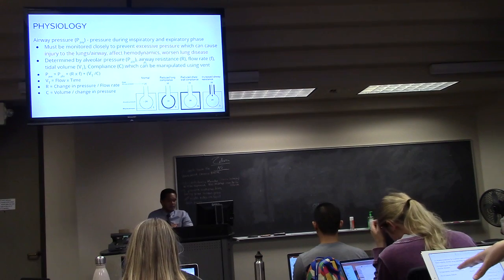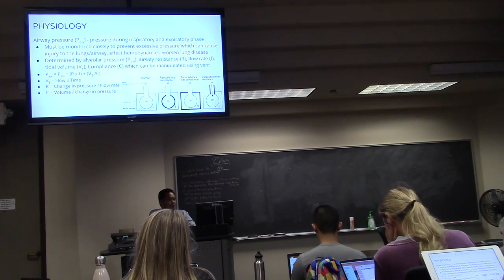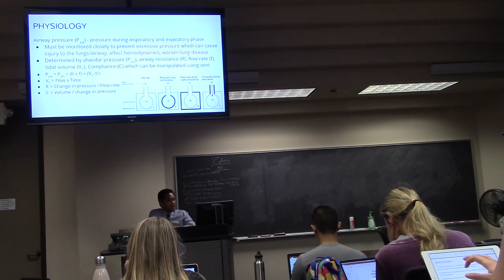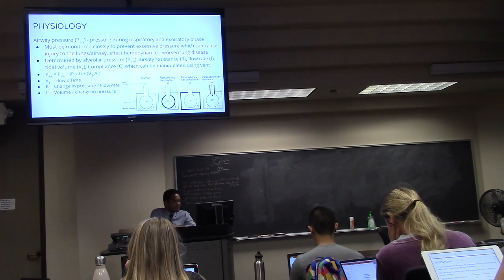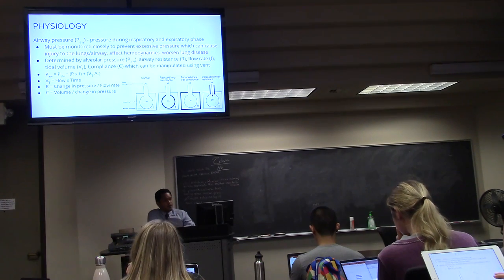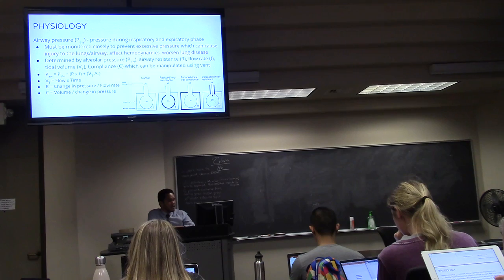So some of the most important concepts in mechanical ventilation is knowing the airway pressure. Airway pressure is really important because if you give too much pressure during mechanical ventilation, you can really injure the lungs, you can injure the airway, you can cause shock, you can affect their blood pressure and they can code and die, or you can worsen their disease, say in asthma or COPD.